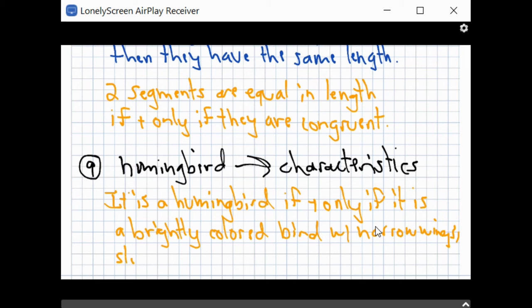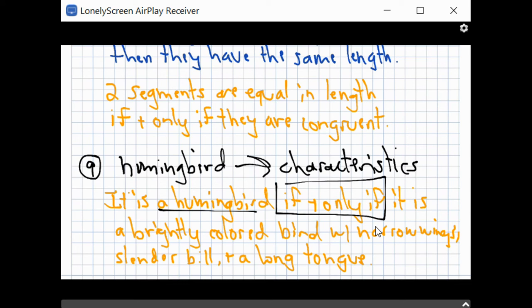Slender bill. Didn't know you'd be writing essays in geometry, did you? And a long tongue. Okay, and so there we have our two clauses, hummingbird. Here's our key phrase, if and only if, and then the rest of this is all the other clause.